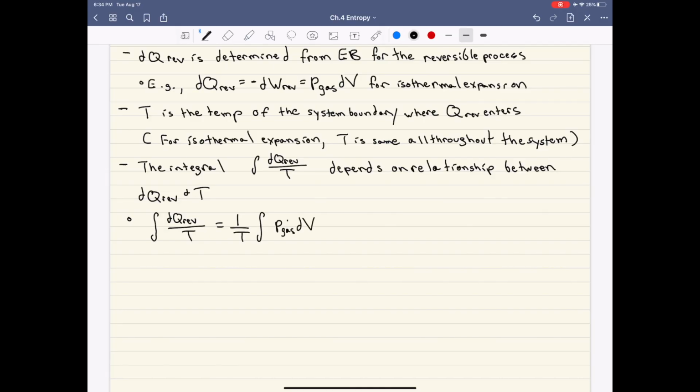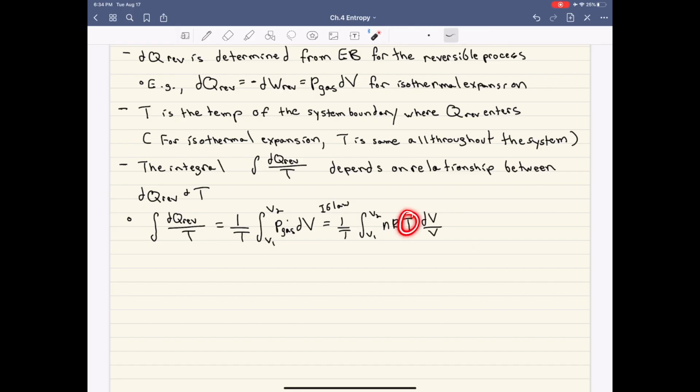And so our integral is going to go from volume 1 to volume 2. And if I assume that the gas is an ideal gas, so we could apply the ideal gas law, and we get nRT dV over V.